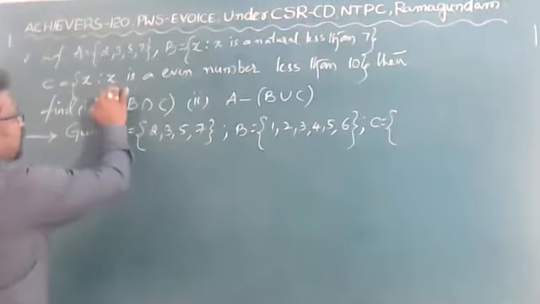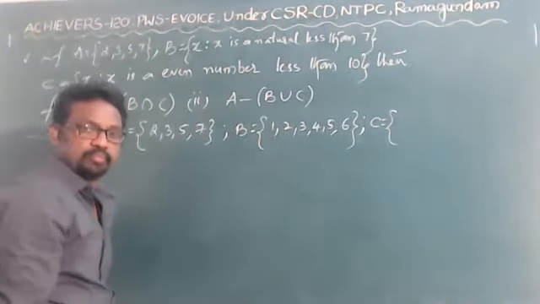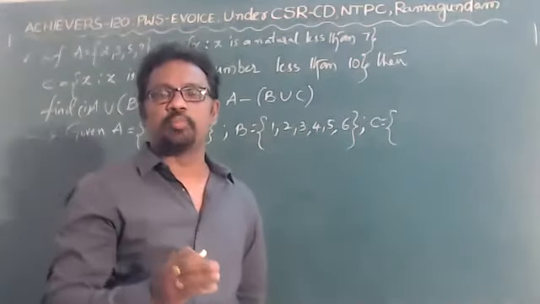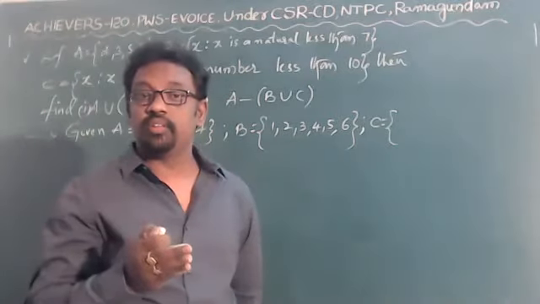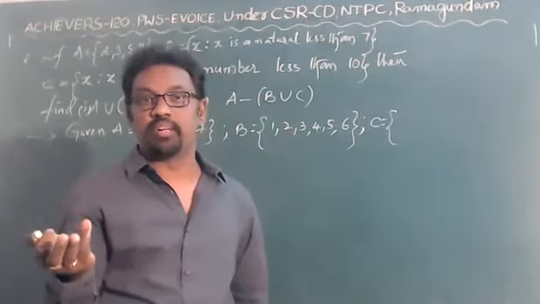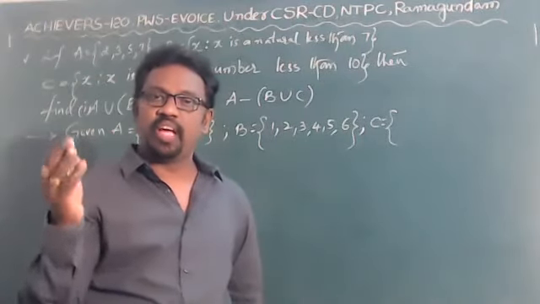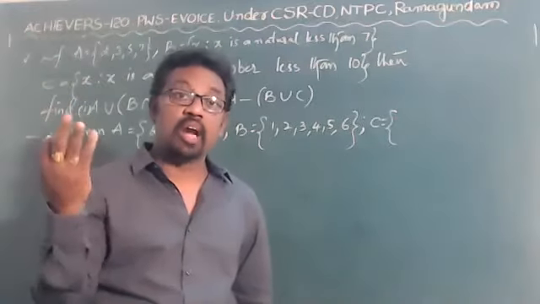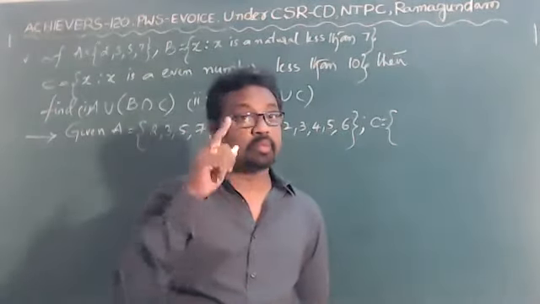C is x such that x is an even number less than 10. An even number is one which is divisible by 2 and the remainder is 0. What are they? 2, 4, 6, 8, 10, 12, 14, and so on, unlimited numbers. But a condition is given.